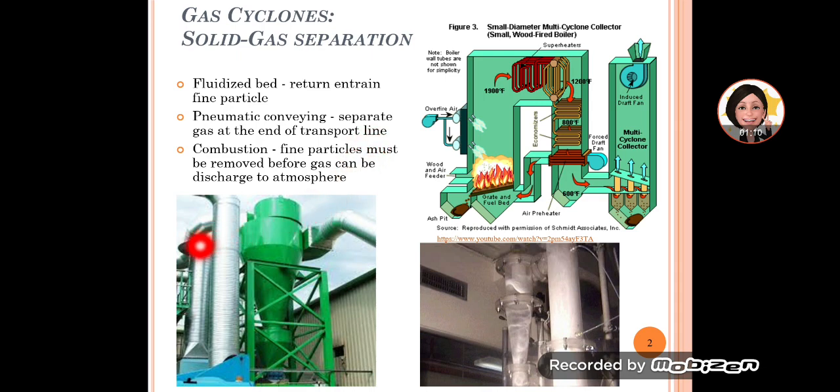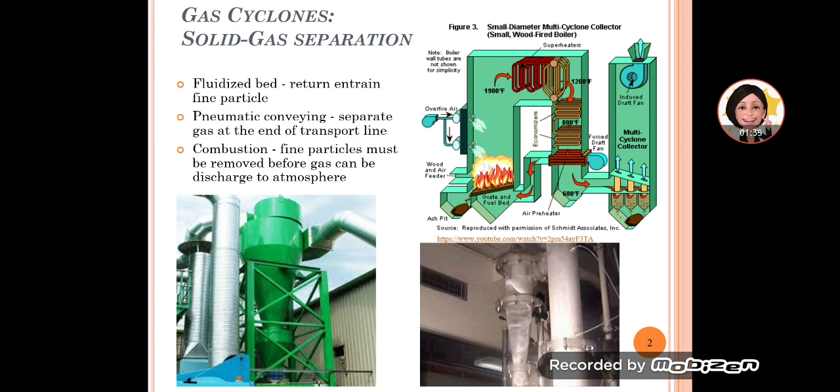For example, this is the end of the pneumatic transport. It reaches a cyclone, and this cyclone will collect the required particles and send them down to a hopper, and then the gas or air will be released or reused for pneumatic transport.